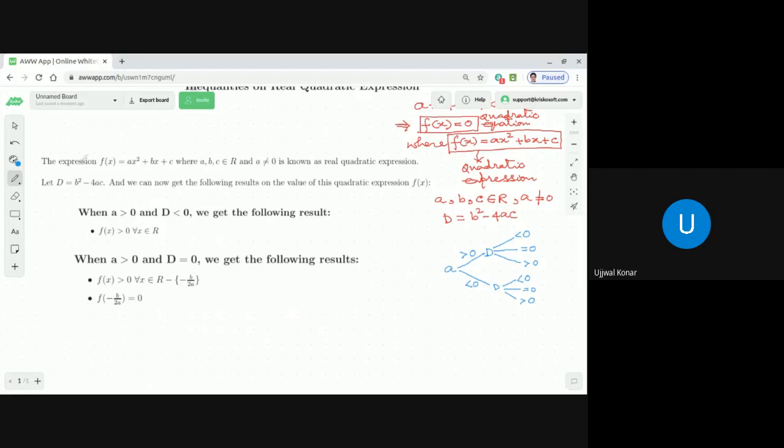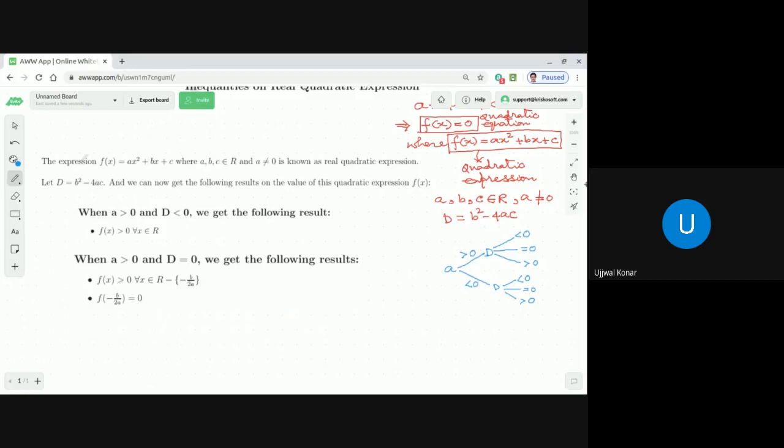That means f(x) is greater than 0 for all real numbers except the value minus b by 2a. And at the point minus b by 2a, what is the value? The value is equal to 0. Correct? So we cover all the cases here, as far as the set of real numbers is concerned.